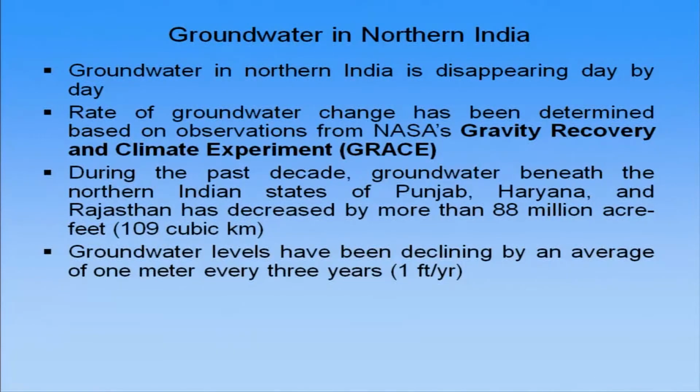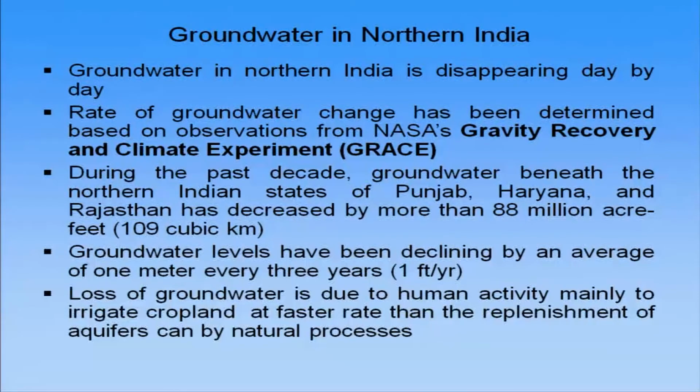Irrespective of very heavy rain we have in the Himalayas or the upper reaches, the recharge is very slow. So the groundwater level has been declining by an average of 1 meter every 3 years. So loss of groundwater is due to human activity, mainly the irrigation for cropland at a faster rate than replenishment of the aquifer by natural process.